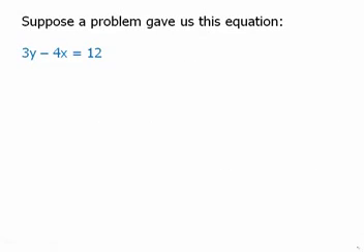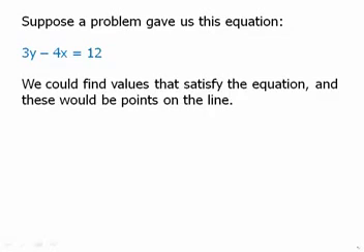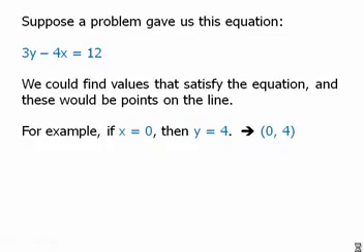So let's look at this particular equation. Suppose the problem gave us that equation. We could find values that satisfy that equation, and these would be points on the line. So for example, we could just plug in. If we plug in x equals 0, then we'd get 3y equals 12, so y would equal 4. So that means that (0, 4) has to be one point on the line. Similarly, we could plug in y equals 0.